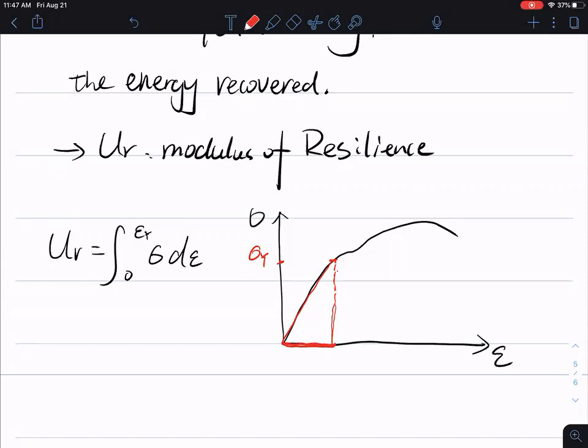The area of that red triangle equals the modulus of resilience. How do you find the area of a triangle? You find the length of the base times the height, which is sigma y, divided by 2. You get the area.